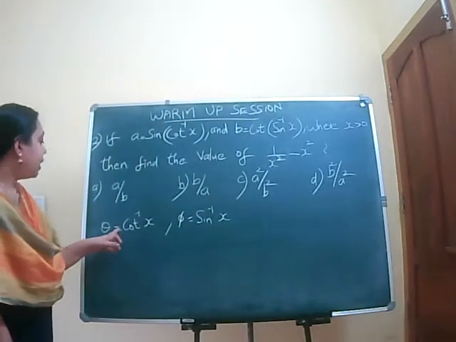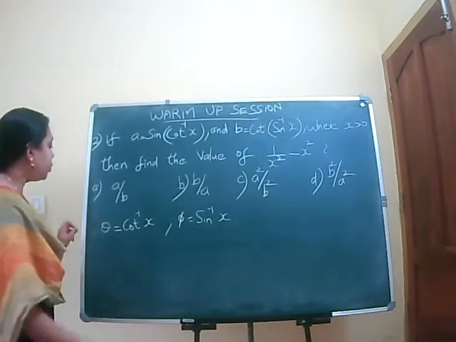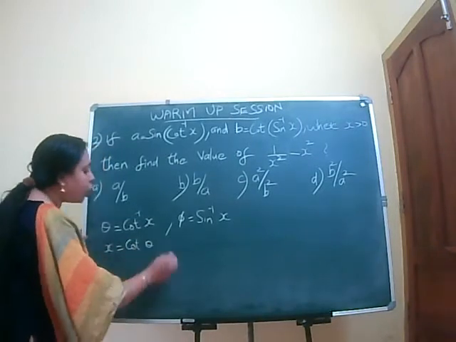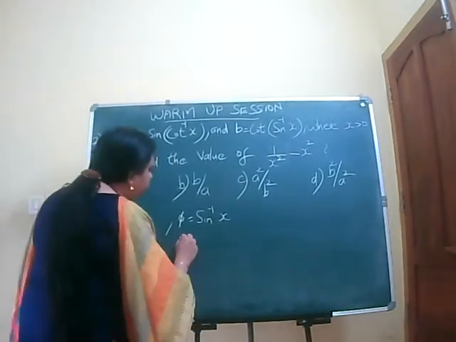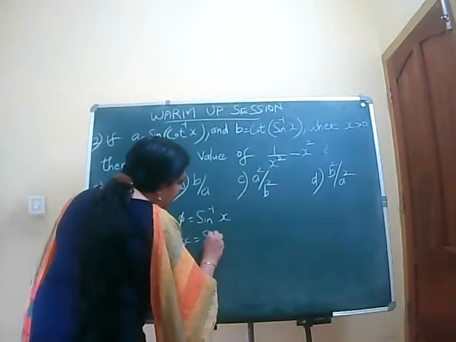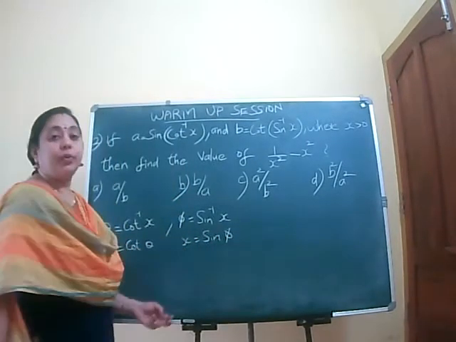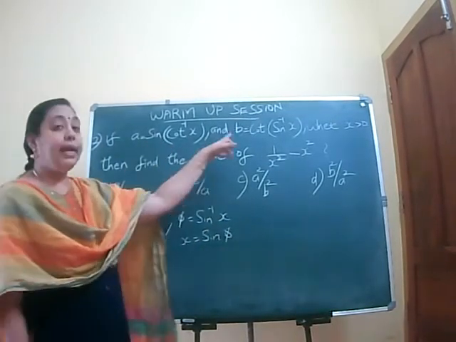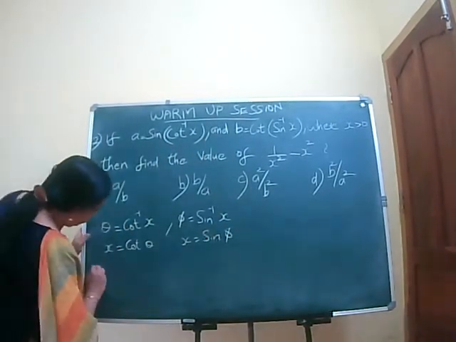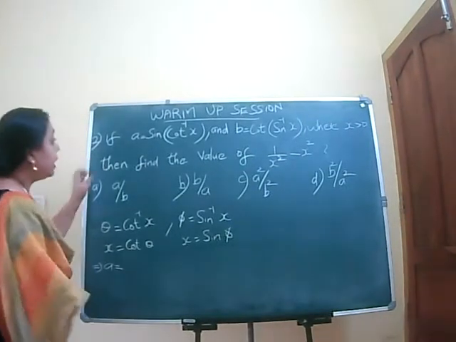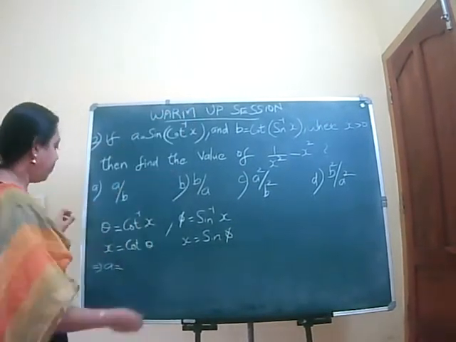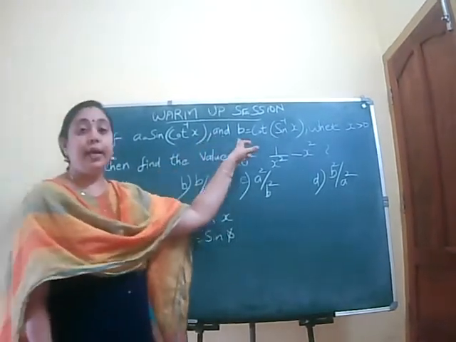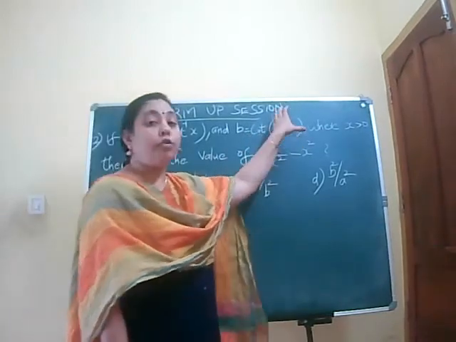Which implies x is equal to cot theta and x is equal to sin phi. Now our question becomes A is equal to sin theta and B is equal to cot phi.